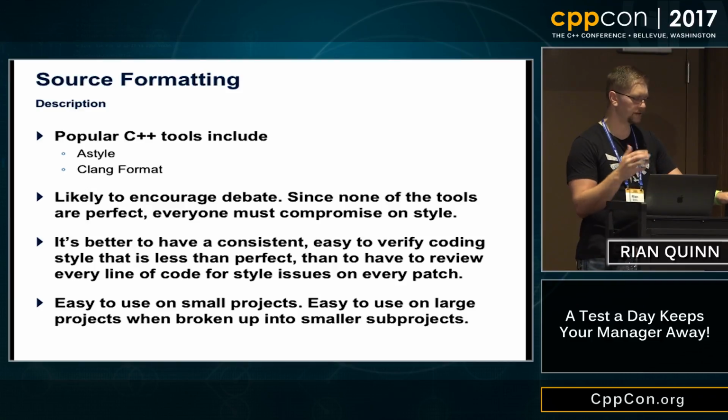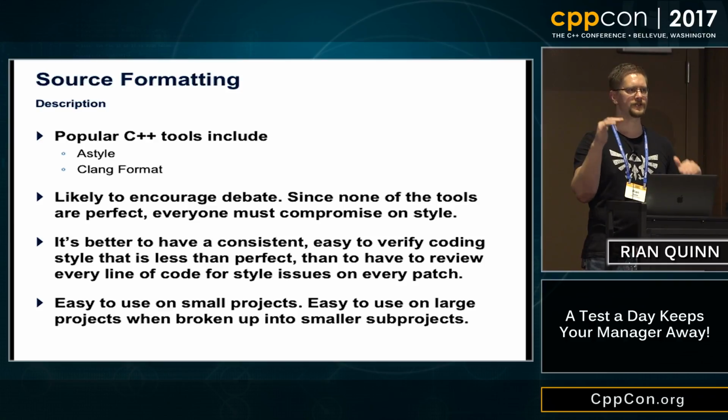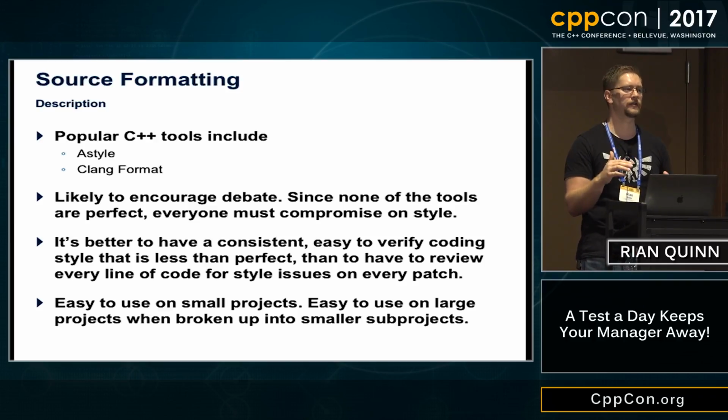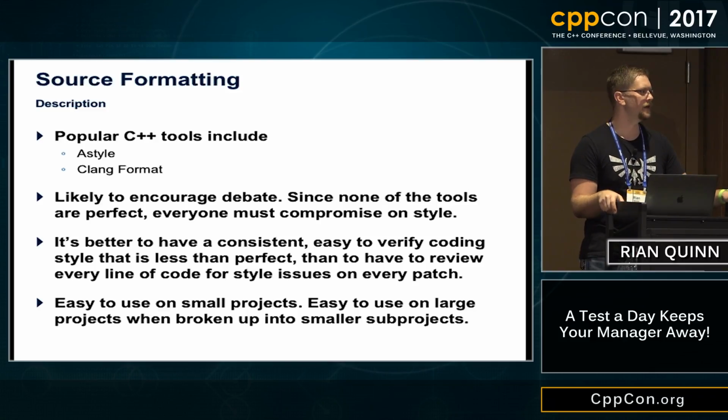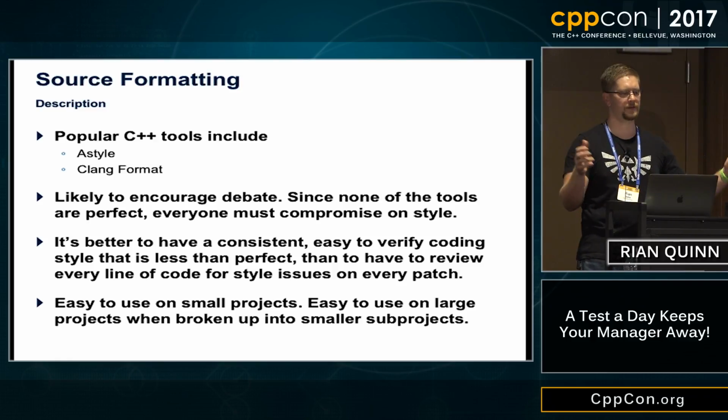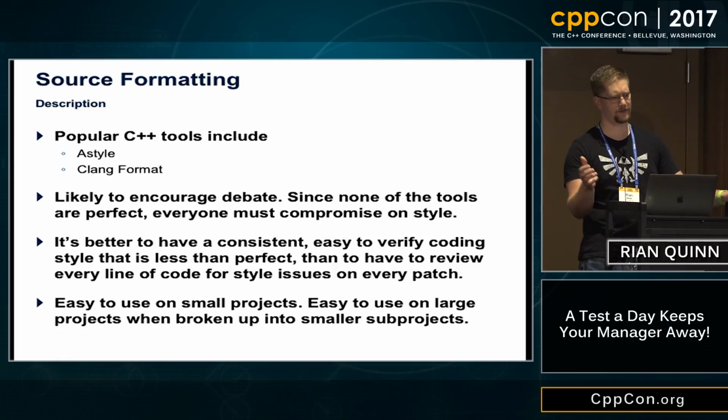And every single time I put a code change in, this tool will tell me if I need to make a change or not. Very easy to integrate into small projects, and it's actually relatively easy to integrate into large projects. For large projects, these types of tools will allow you to state exactly which files you want to do source formatting on. So in a large project, the easiest way to do it is to look at, for example, your manager comes down and says, we need to add the following feature.